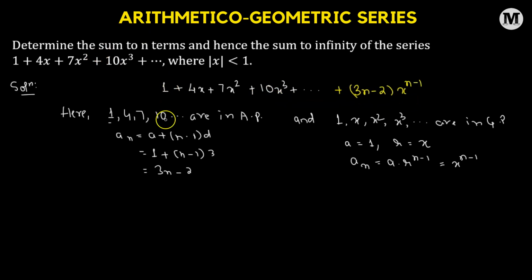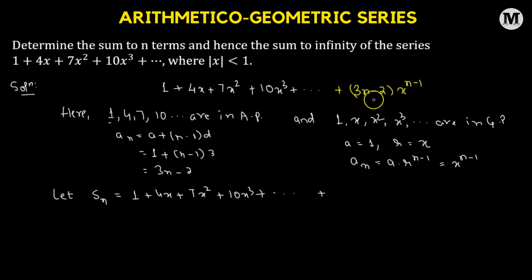Okay, so here we have obtained the nth term of the series. So let's try to find out the sum to n terms. Here we are going to consider the sum to n terms as Sn. So this is going to be equal to 1 plus 4x plus 7x squared plus 10x cubed, and the rest of the terms. We're going to consider the second last term.